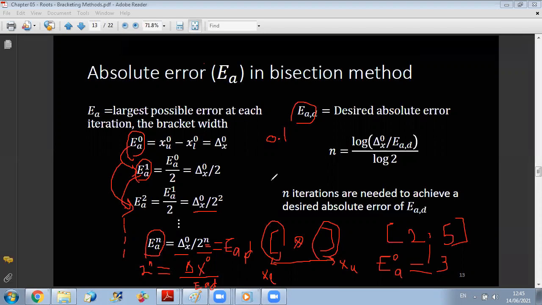So you get n ln 2 is equal to ln of delta x0 over E desired. So n is log of delta x over E, over log 2. Okay, and in this way you can compute the number of iterations that will be needed to reach this absolute error. We will take an example on this.